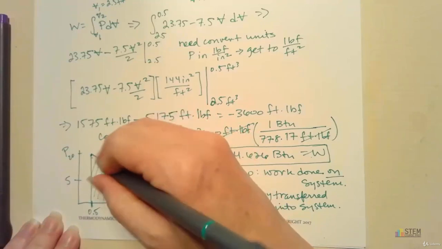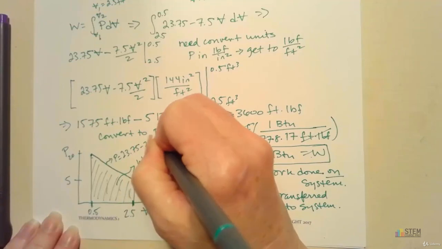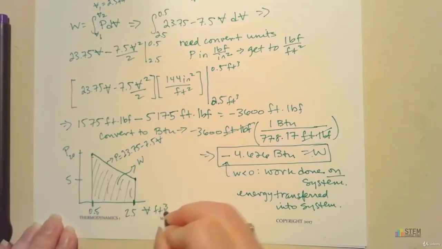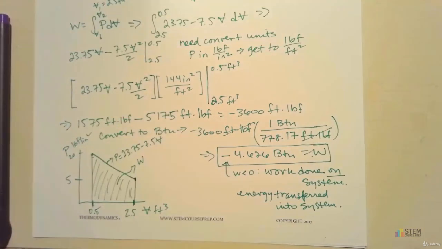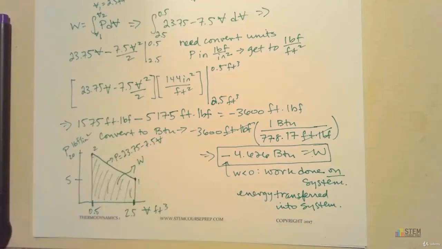So this curve right here is 23.75 minus 7.5 V. Okay? And you usually want to put your units on here. So you can put like that. Okay, so if it asks you to draw something on PV coordinates, that's what it's talking about. All right? And just keep in mind, when you have this line here connecting your states, that when you integrate that line, you get the work done, because you're finding the area under that curve.